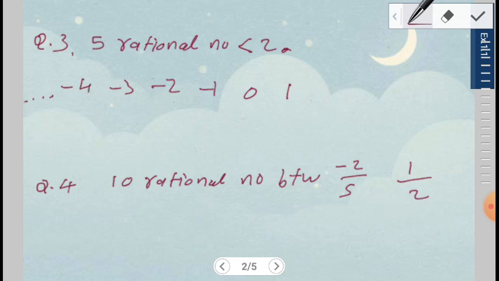Infinitely many numbers will be less than 2. If we write 1 in the denominator, all of these become rational numbers. So here I have many of these numbers: 1, 2, 3, 4, 5 and 6. We can find many rational numbers that way.